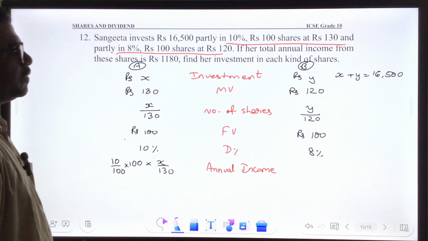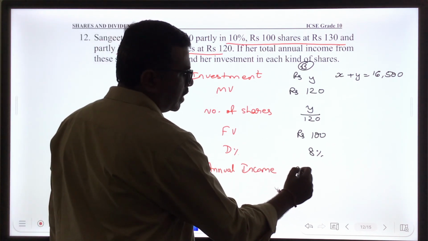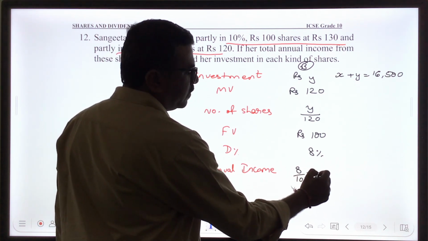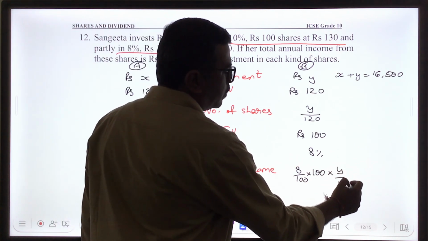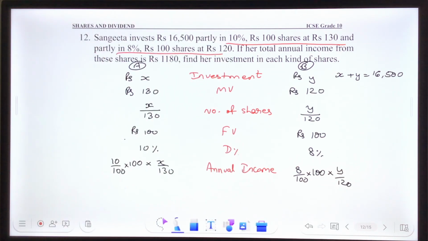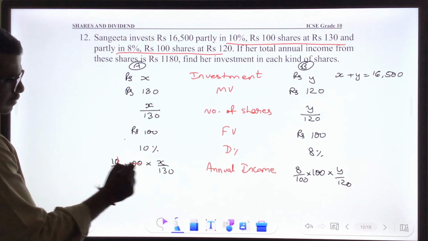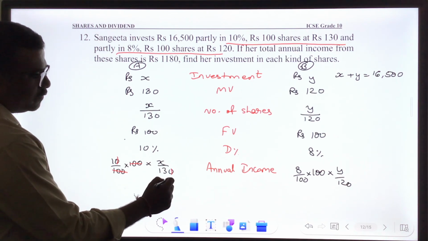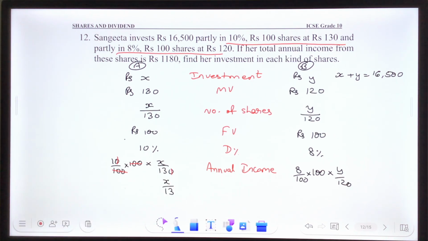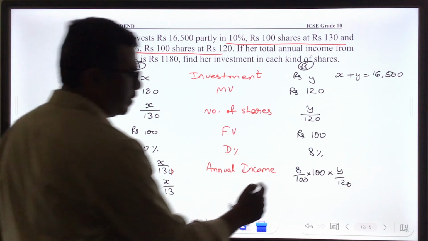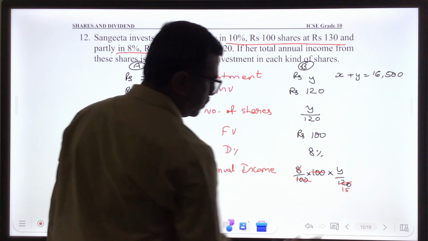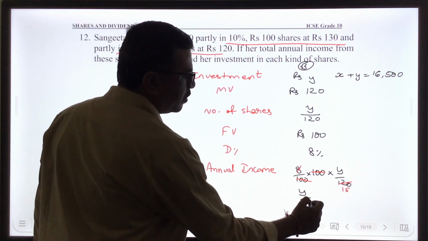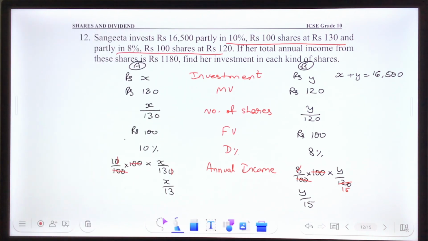Whereas annual income in company B is rate of dividend 8% of face value 100 into number of shares, Y upon 120. On simplifying this, we get annual income of rupees X upon 13 in company A and rupees Y upon 15 in company B.